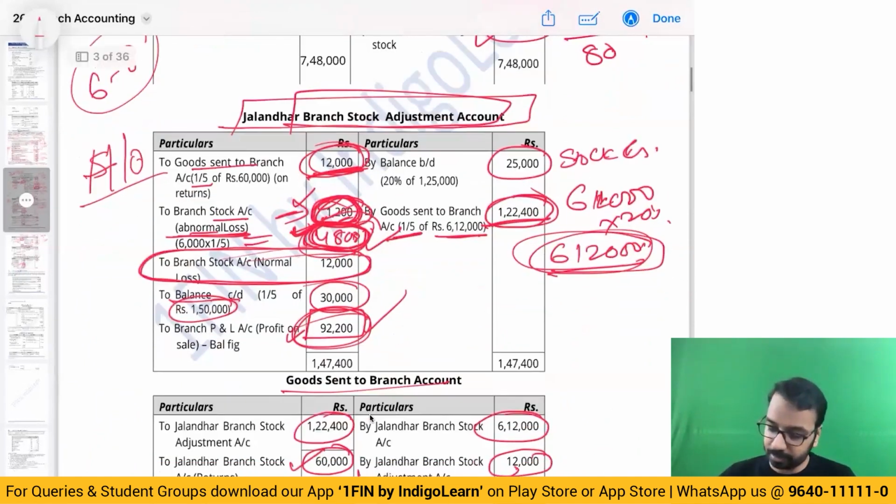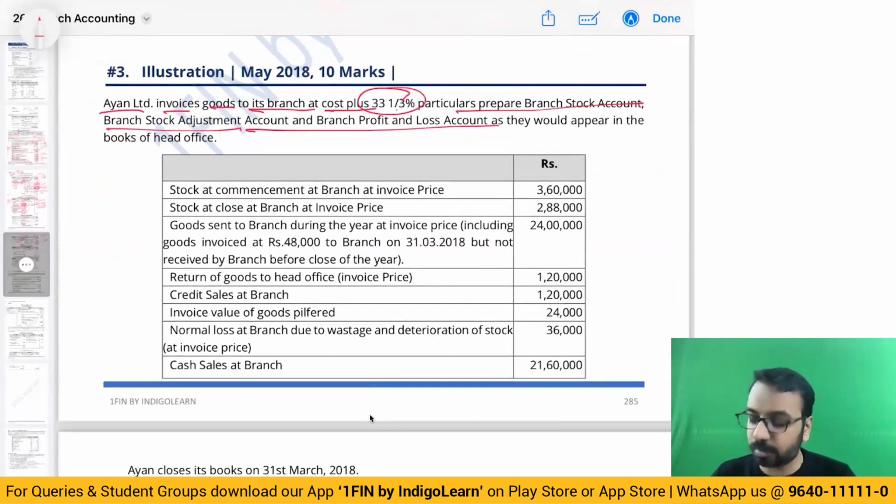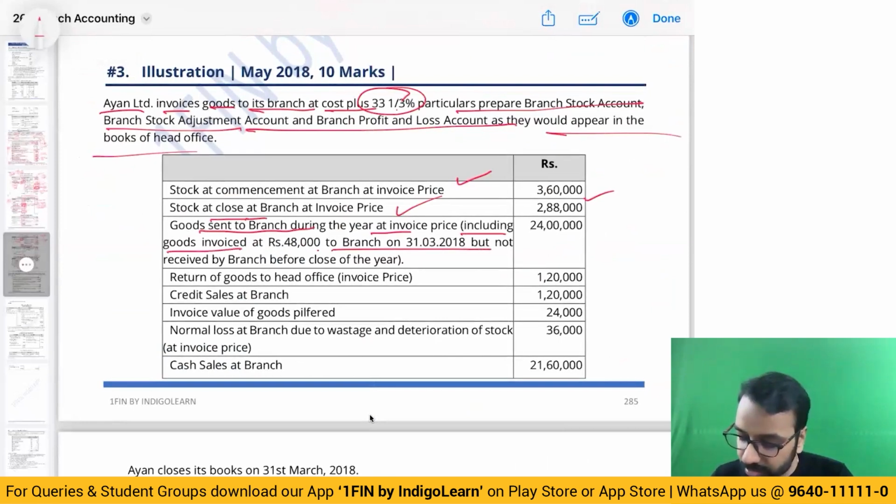All right. Now here, if you see, IAL Limited invoices goods to its branch at cost plus 33.3%, that is 1/3. Prepare branch stock adjustment and branch profit and loss account as they would appear in the books of head office. So stock at invoice price is given, stock at close of branch at invoice price is given, goods sent to branch during the year, including goods invoiced but not received by the branch.